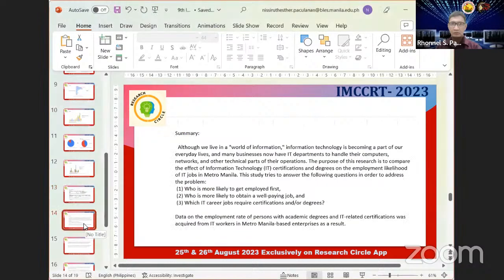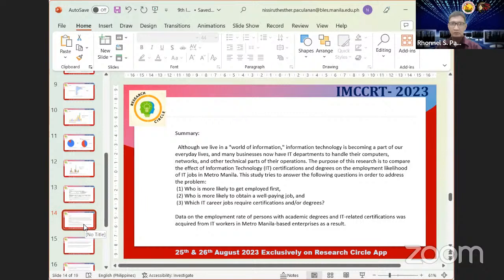Okay. So as a summary, although we live in a world where information technology is becoming a part of our everyday lives, and many businesses now have IT departments to handle their computer networks and other technical parts of their operations, the purpose of this research is to compare the effect of the information technology certification and degree on the employment likelihood of the IT jobs in Metro Manila.